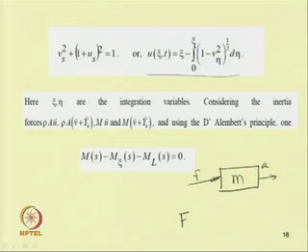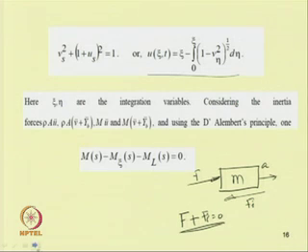Here the external force is F and the inertia force equals mass into acceleration, which acts in a direction opposite to that of acceleration. So, if this is the direction of acceleration, the inertia force acts in this direction. That is m into a, and this can be written as a phi. So, one can have this force plus a phi equal to 0. This is D'Alembert principle: external force plus the inertia force equal to 0.